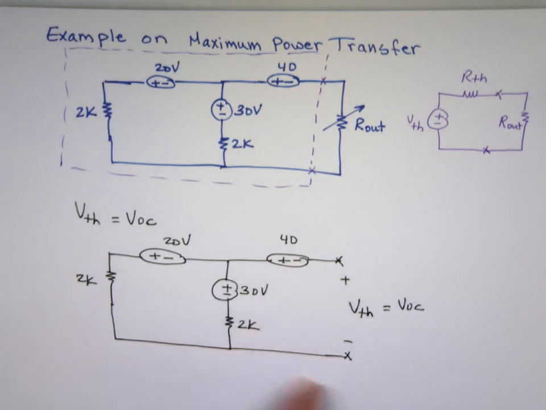Now, since that's an open circuit, there's no current going through this. There's only one current in the circuit. That's this current.